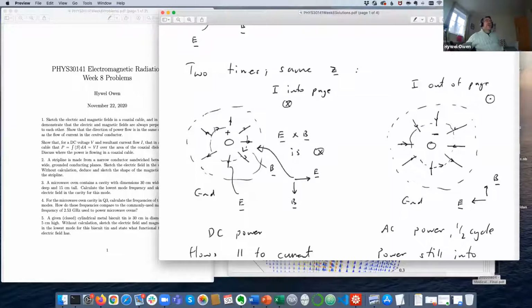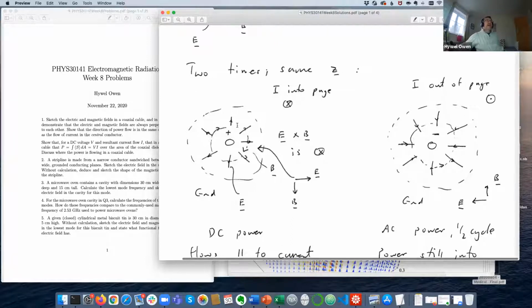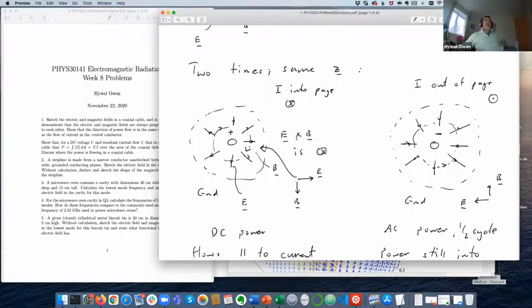So I have exactly what I had before: the electric field pointing radially outwards, a constant current flowing, and the magnetic field pointing toroidally at right angles as it makes circuits around the cable. Again, the electric and magnetic fields are perpendicular.